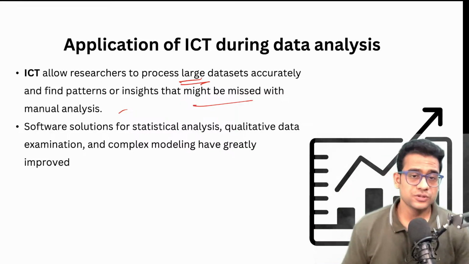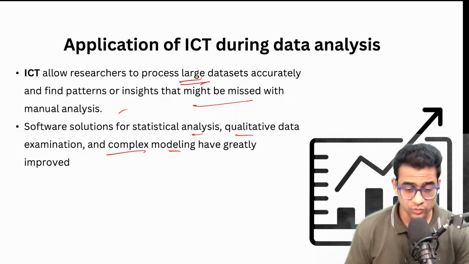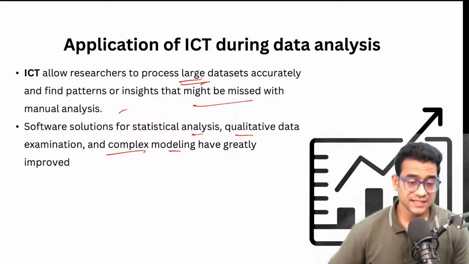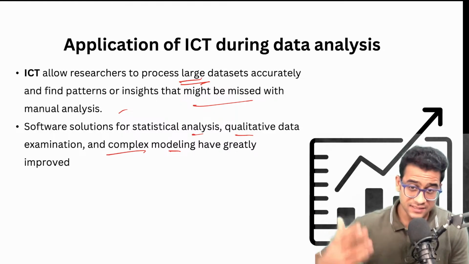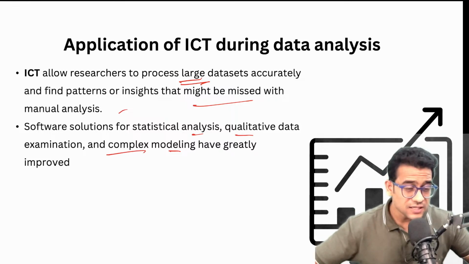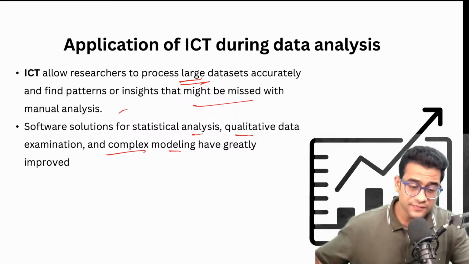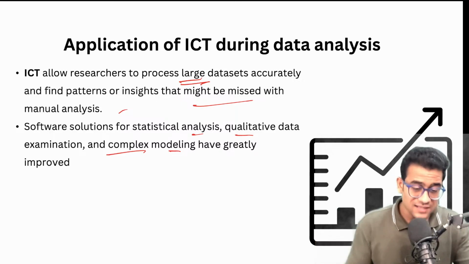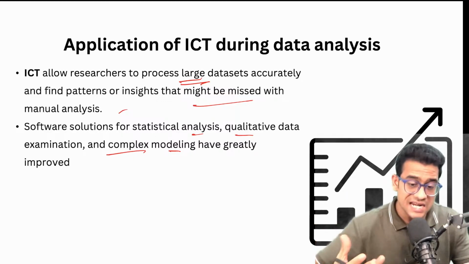So software solutions for statistical analysis, qualitative data examination and complex data modeling have greatly improved. When we talk about data analysis, it is not restricted to quantitative data. Let's say if you are a qualitative researcher, you will be having tons of recordings, okay, you will be having hundreds of interviews, qualitative data, transcripts. So we also need softwares to transcribe and code qualitative data also.